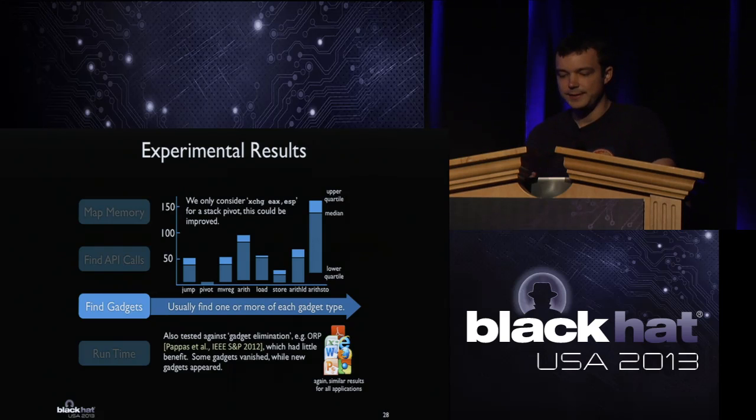And so one of the interesting things here is that that had no effect on the JIT-ROP framework at all because we're finding all of these gadgets dynamically each time the exploit is running. And what's kind of funny actually is after this gadget elimination, sometimes we actually found more gadgets than without gadget elimination.